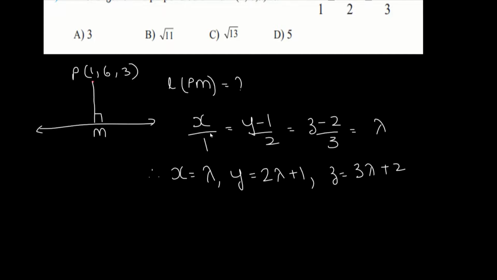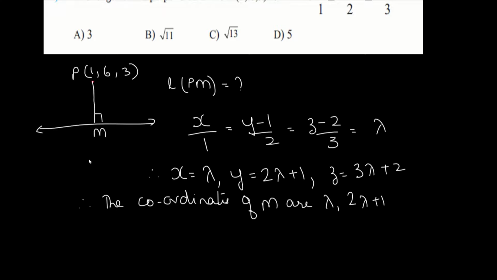Therefore, any point on this line is given by lambda, 2 lambda plus 1 and 3 lambda plus 2. Now M is a point on the line, therefore the coordinates of M are lambda, 2 lambda plus 1 and 3 lambda plus 2.